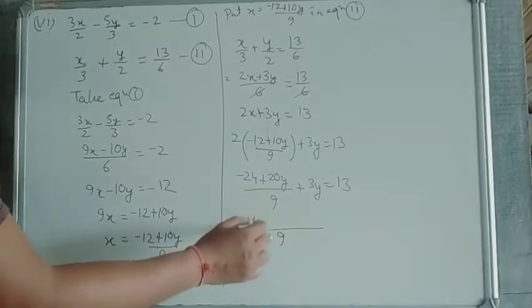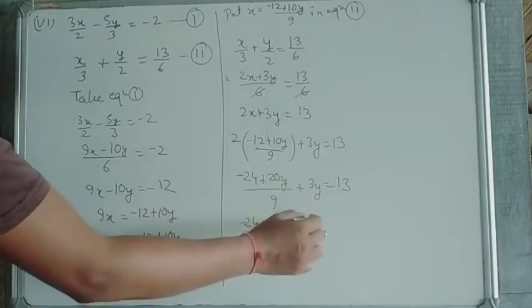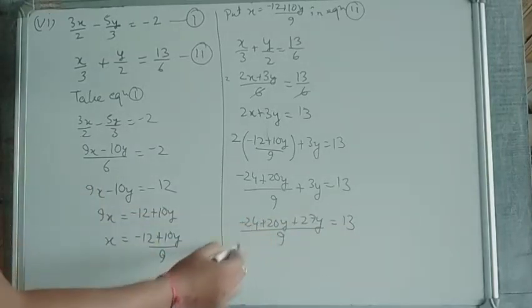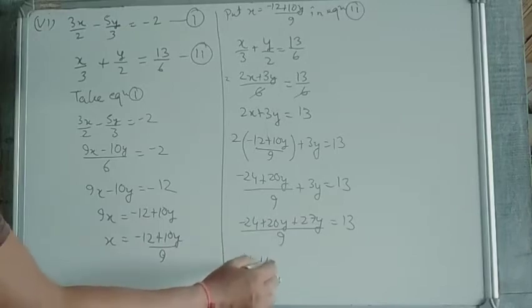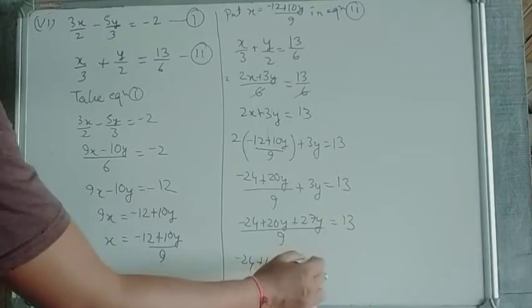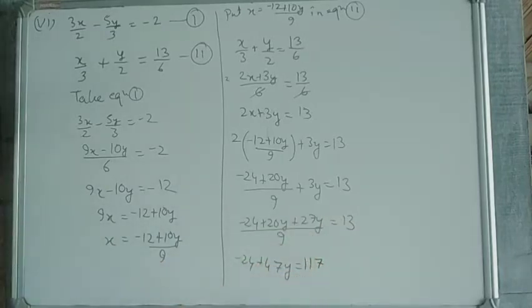This part will remain the same and here 27y equal to 13. Now 9 will go that side, minus 24, 20 and 27 will become 47y is equal to 9 threes are 27, 9 ones are 9 and 10, 11, 117 it is becoming.